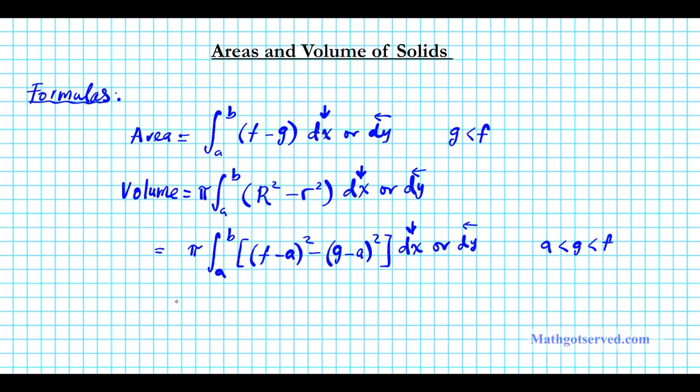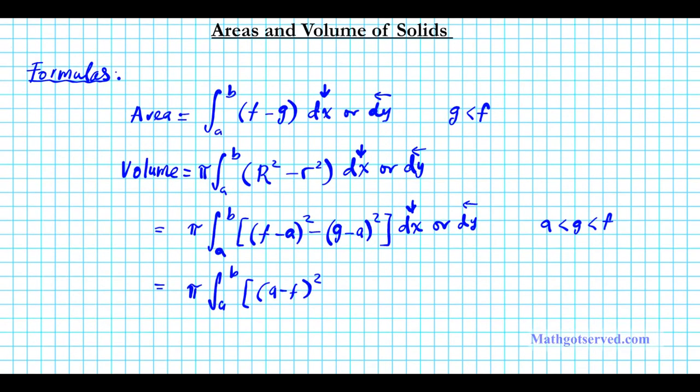Okay, and then the other situation we have is pi times the integral from a to b of a minus f, squared. This is big R. The difference here is a is bigger than both of the two functions. Okay, so a minus f squared will give you the outer radius, minus a minus g squared will give you the inner radius. dx, if your slice is perpendicular to the x-axis, or your radius is perpendicular to the x-axis, or dy, if your slice is perpendicular to the y-axis.